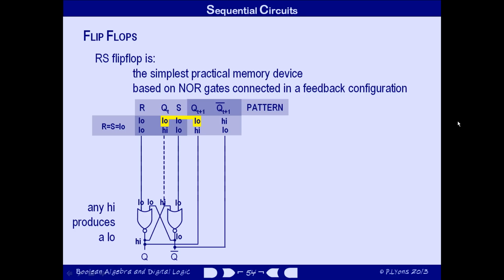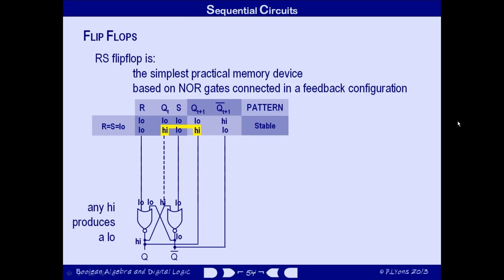That is, they're both low. And in the second case, Qt and Qt plus 1 are both the same. So, in other words, whether Q is high or low to start with, it remains unchanged while R and S are both low, and the output is thus stable.